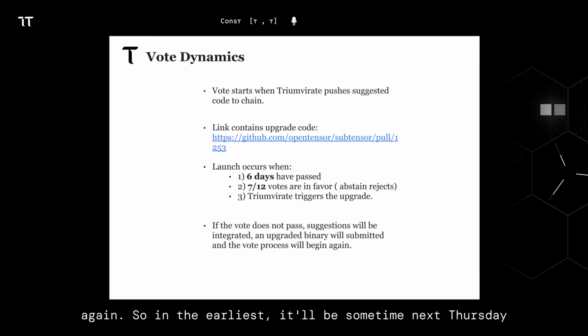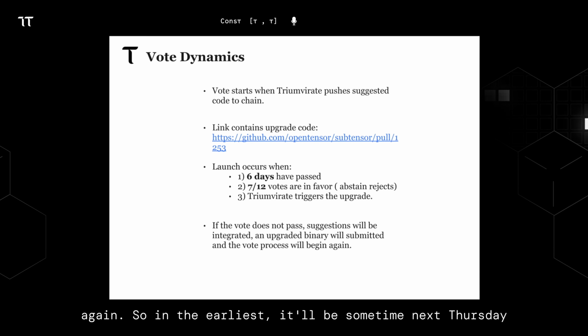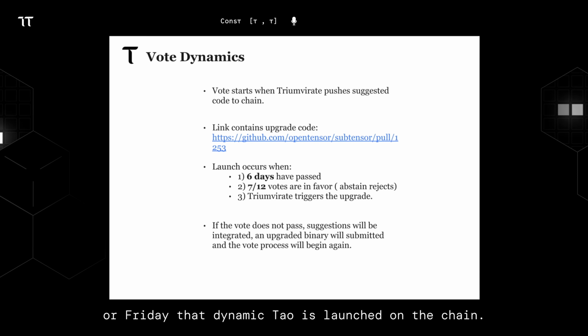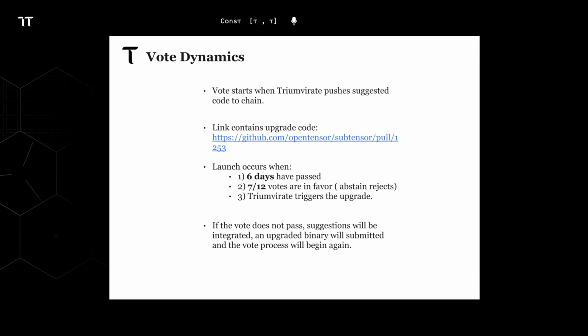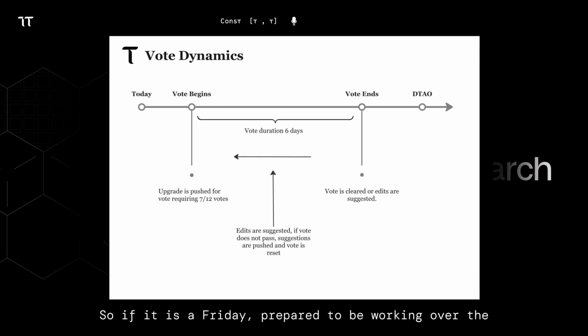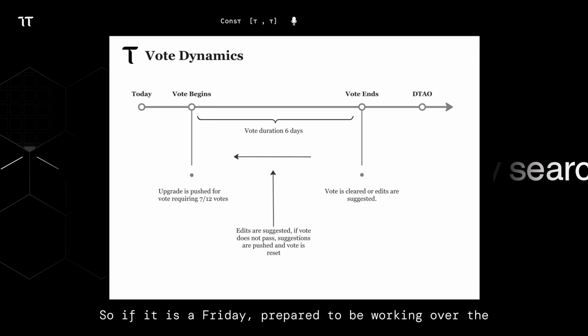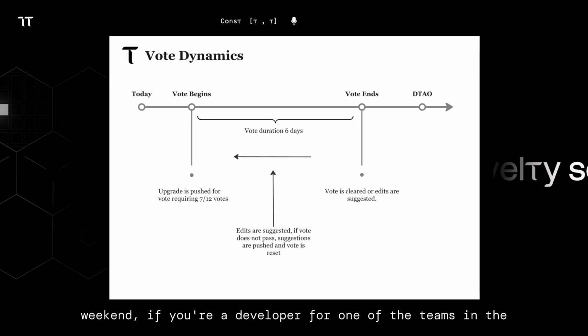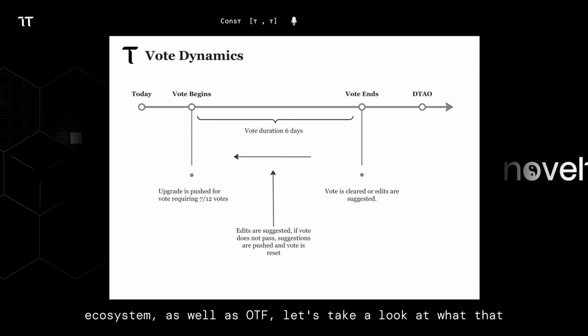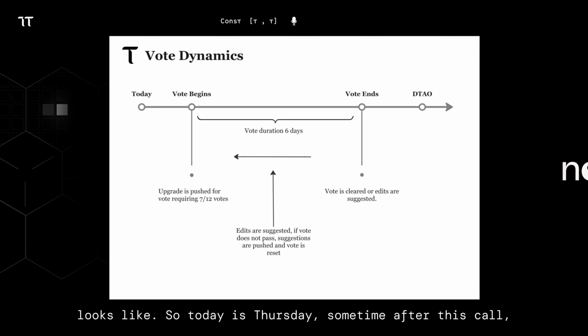So at the earliest, it'll be sometime next Thursday or Friday that dynamic TAO is launched on the chain. So if it is a Friday, prepare to be working over the weekend if you're a developer for one of the teams in the ecosystem as well as at OTF. Let's take a look at what that looks like.